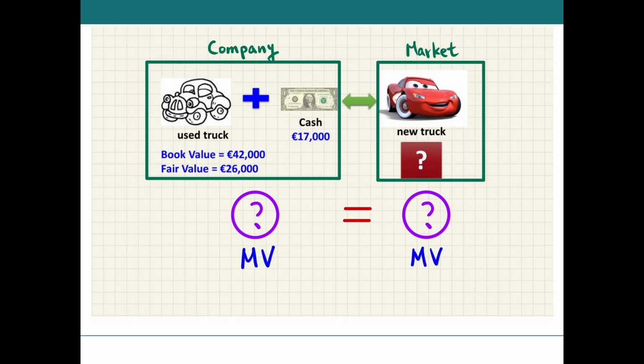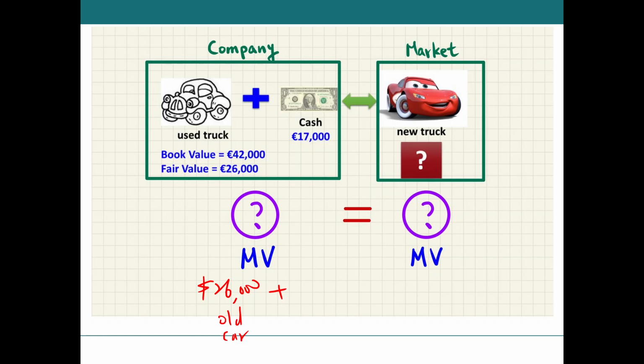So from the market side, what is the old car plus cash value? How much? Should be $26,000 from the old car. Plus, they think the old car's value from the market side, $26,000, is not enough. That's why they ask you to pay more cash.